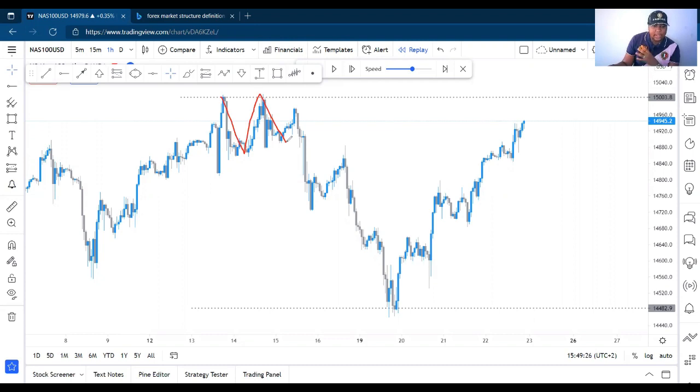The first thing I would say is you want to identify whether you're in a trend. You must identify the trend. Even here, you identify the trend. So let's deal with this bearish trend and its structure.